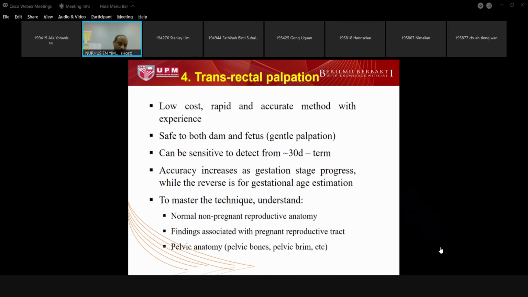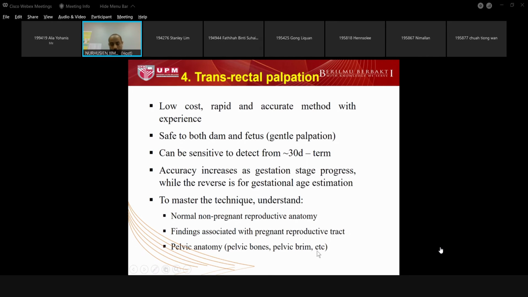In addition to that, the anatomy of the body of the animal, especially pertaining to the pelvic region, is also very important. You talk about osteology, it is quite crucial, especially the pelvic anatomy. So you have to know the pelvic bones that make up the pelvic cavity, in which most of the time you'll find the reproductive organs located, especially when the cow is not pregnant, and also the pelvic brim.